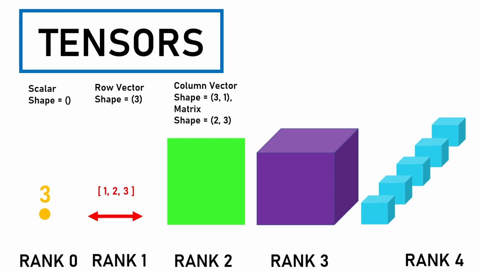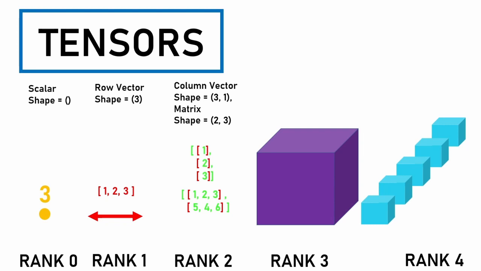A column vector is also a perfect example because it can also be thought of as a matrix with a shape 3 into 1. That is 3 rows and 1 column. Another example here is a 2 by 3 matrix. That is with the shape 2 by 3, 2 rows and 3 columns.